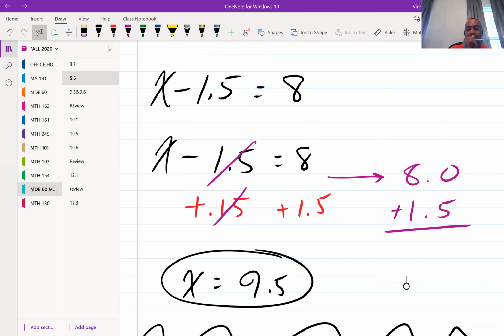But yep, just calculator. 6.7 divided by negative 2. Yeah. Any problems?